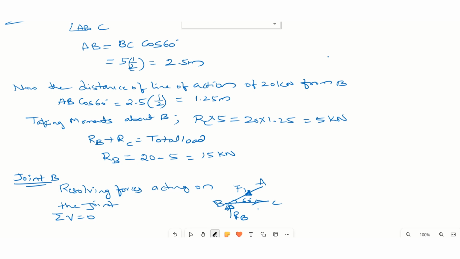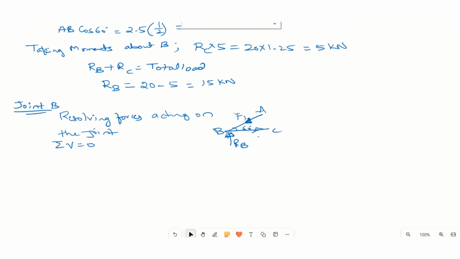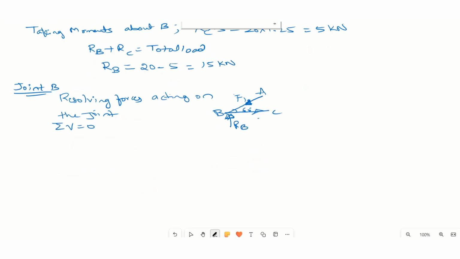So what are the vertical forces acting here? One is the reaction, which is upward. The inclined member will give one vertical component and one horizontal component. This is towards the joint B, and the related components of that inclined member are also towards the joint B. The angle coincides with the horizontal, so you write this as FAB cos 60, and this is FAB sin 60.